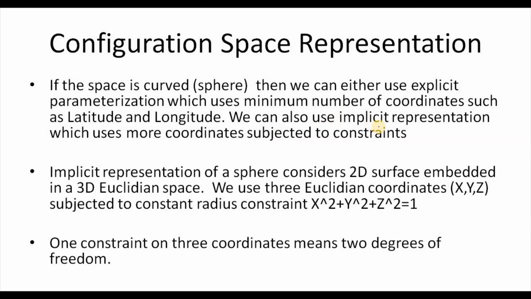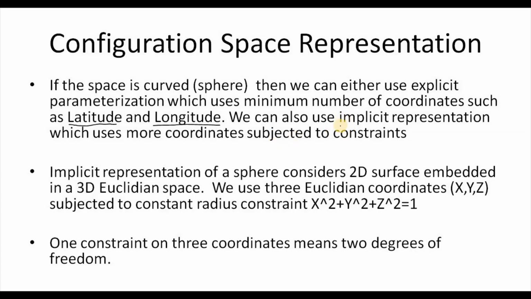In explicit parameterization, we use fewer coordinates. For example, for a sphere, we can use only latitude and longitude, only two coordinates, to represent the position of a point on a sphere.